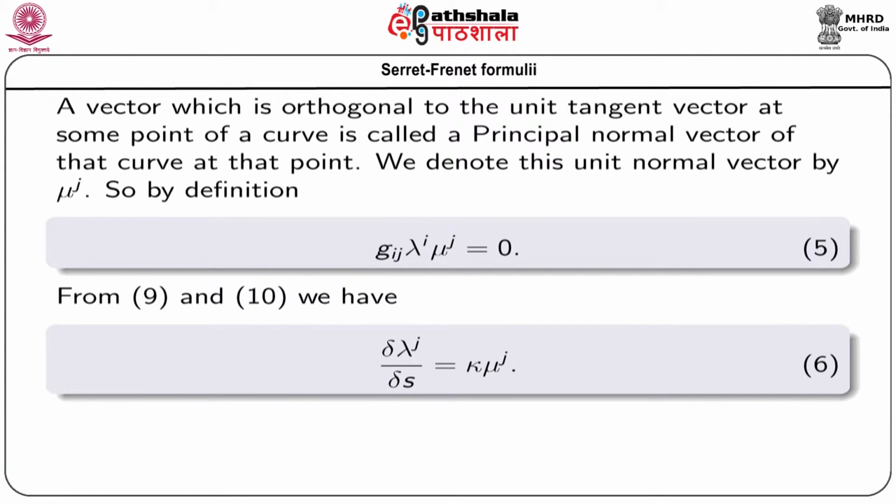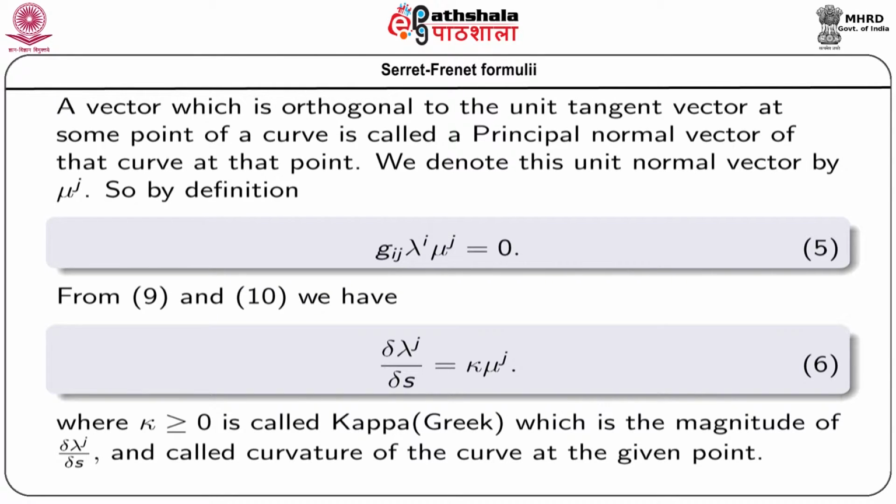δlambda^j/δs equals kappa mu^j, where kappa is a constant and it is greater than 0, because equal to 0 will give us that δlambda^j/δs equal to 0, and we are not considering that case, but it may be 0. So, we have written the condition that kappa is greater than or equal to 0.